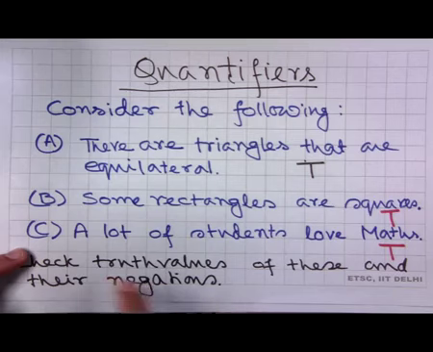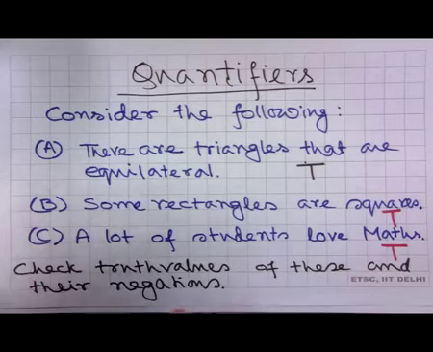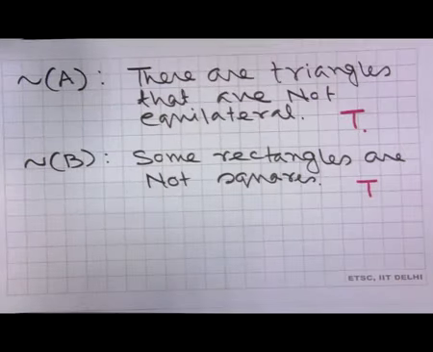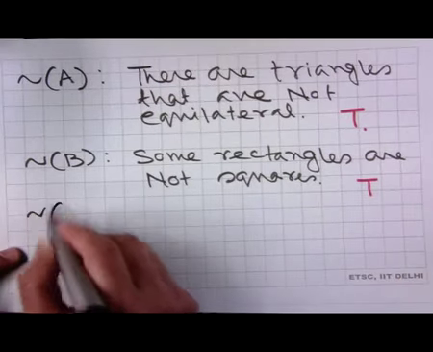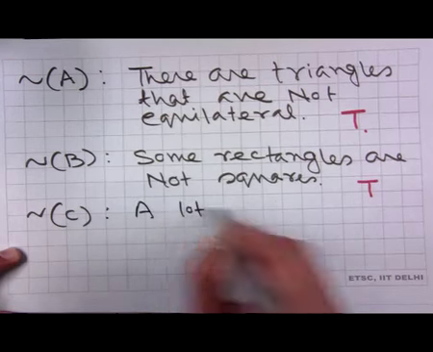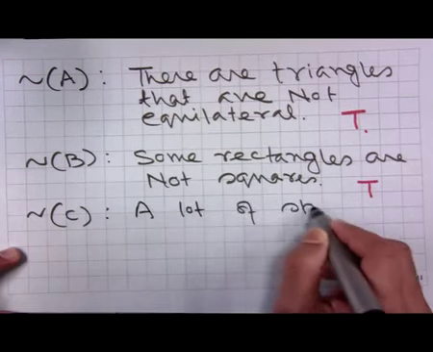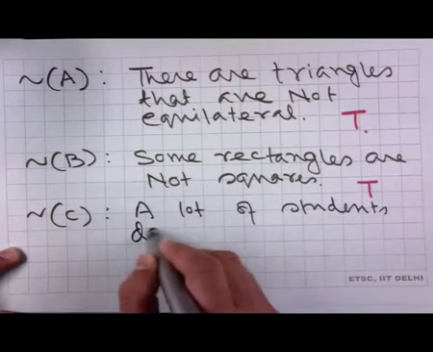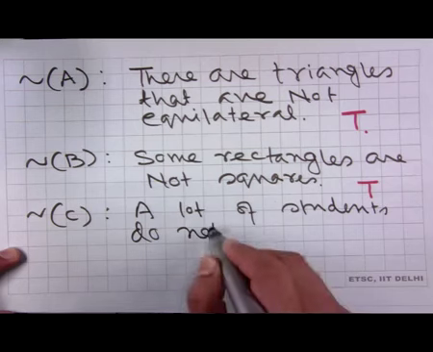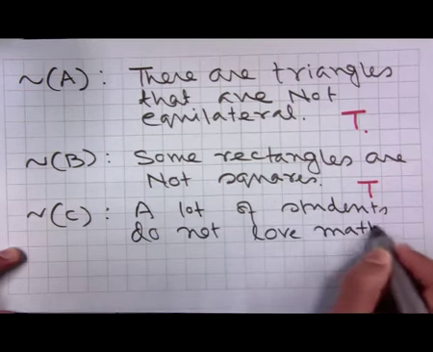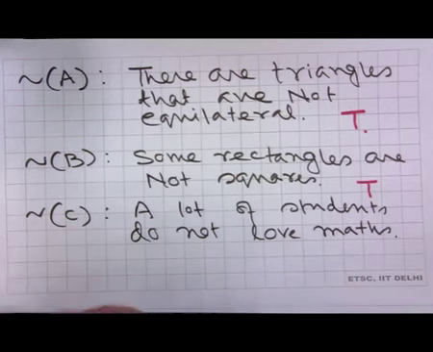A lot of students love maths, that is true, but if I write the negation of C as a lot of students do not love maths, then that is also true.